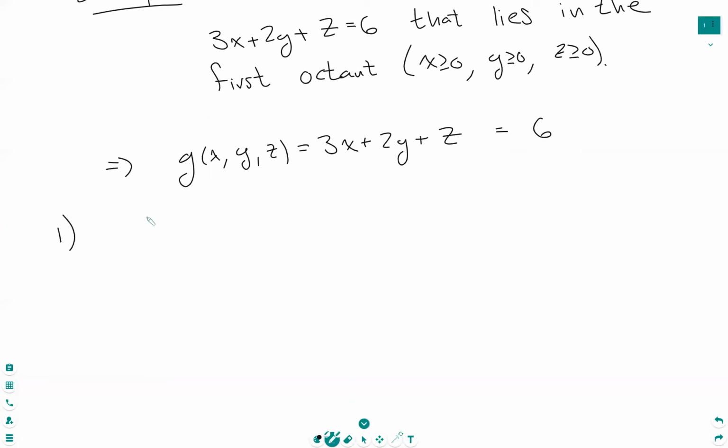So step 1. This is a plane equation, so it's really easy to project to any of the coordinate planes. For this case, we're just going to choose the xy plane. But maybe if you want some practice, you can redo this for a different coordinate plane so you get the same answer.